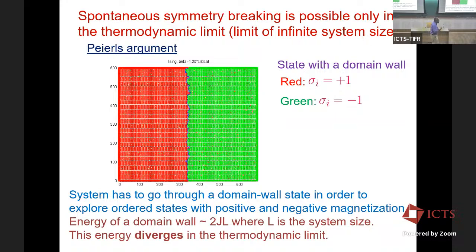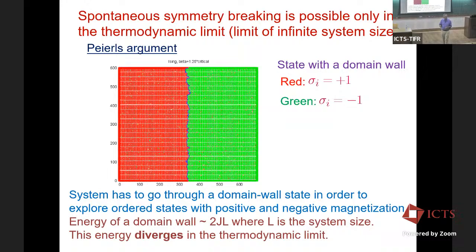So the intermediate state the system has to go through, if one wants to explore both all up and all down states, will have such high energy that its probability of occurrence in the ensemble becomes arbitrarily small. This probability is exponential of minus the energy divided by kBT. So the energy basically diverges because in the thermodynamic limit, L is becoming very large.